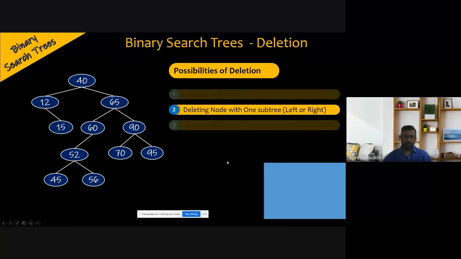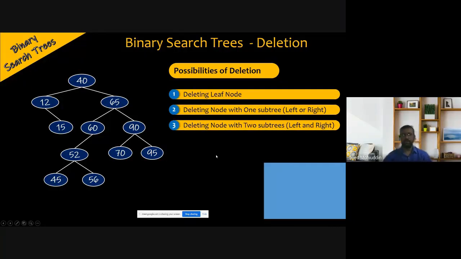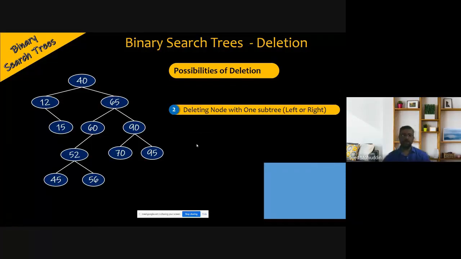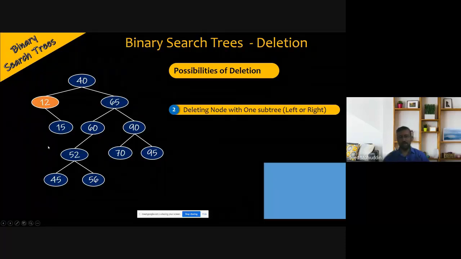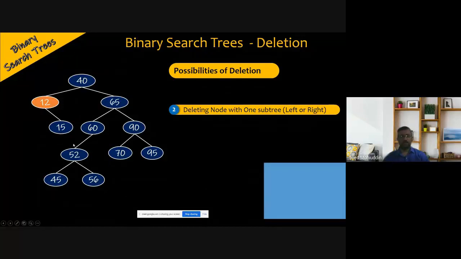Now, as I told you, deleting a leaf node is very easy. Let us look at deleting a node which has one subtree. Let us consider the case of 12. Node 12 has only one subtree, the right subtree with node 15. Whether node 15 has other children doesn't matter. Node 12 is what we are deleting.